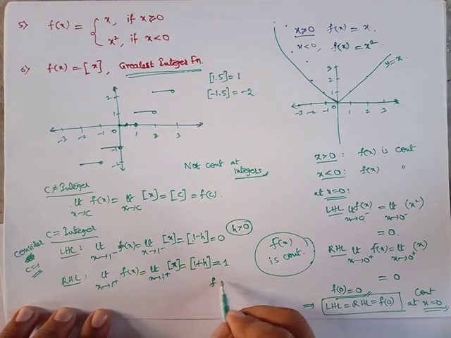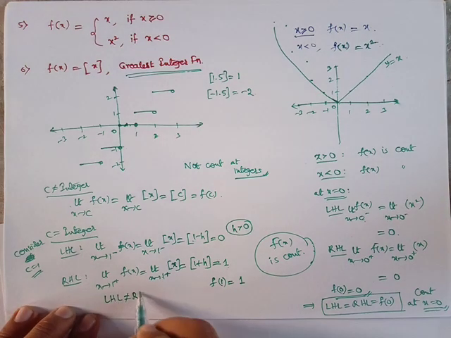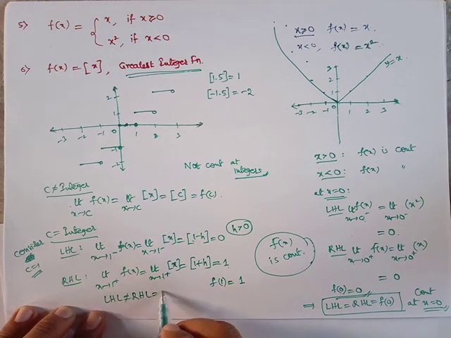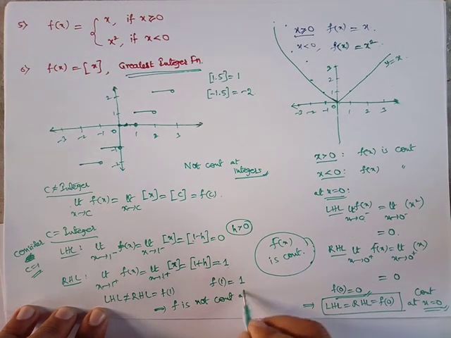Now what is f of 1? f of 1 is nothing but 1. But LHL is not equal to RHL, even though RHL is equal to f of 1. So LHL and RHL are not equal at x equals 1. Then f is not continuous at x equals 1.